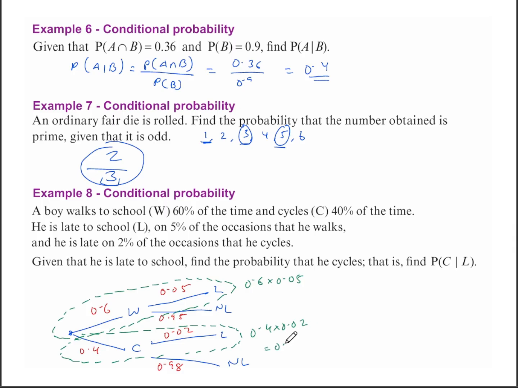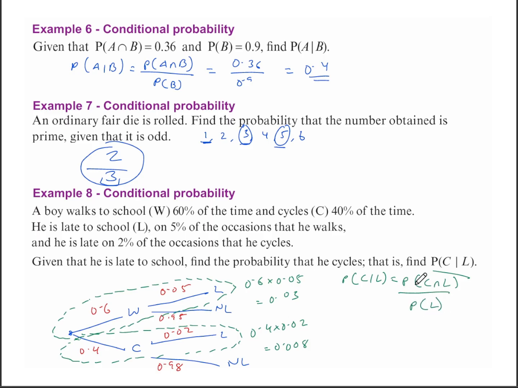This gives us 0.008, and this gives us 0.03. Then we're told, find the probability that he cycles. That is, find this right here. So remember, even with the formula, we have probability of C given L is equal to the probability of C intersection L divided by the probability of him getting late alone.